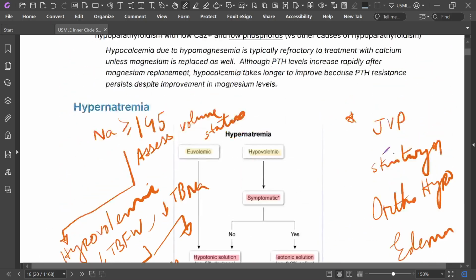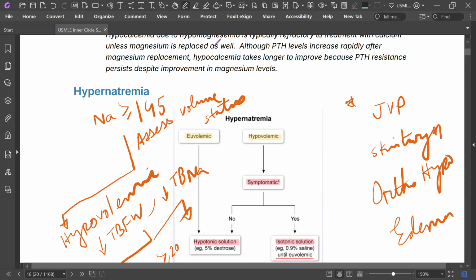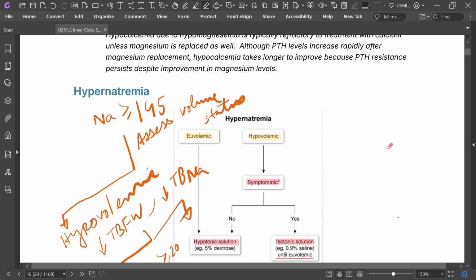Okay, now if it is euvolemic hypernatremia, total body free water is low and total body sodium is normal.